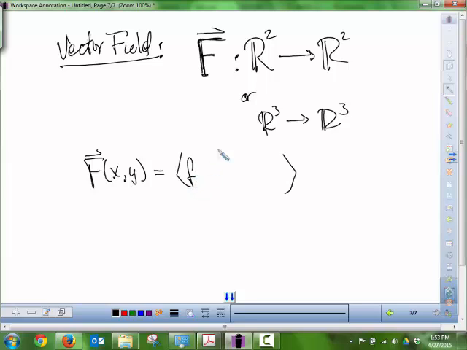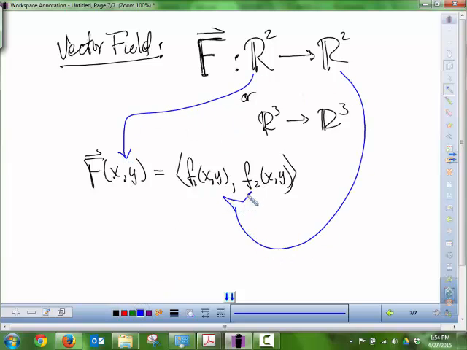The first component of the vector is a multivariable function, and then your second component of the vector will be another multivariable function. So these are the 2 variables coming from the domain, and these are the 2 variables that go out as your image in your range.